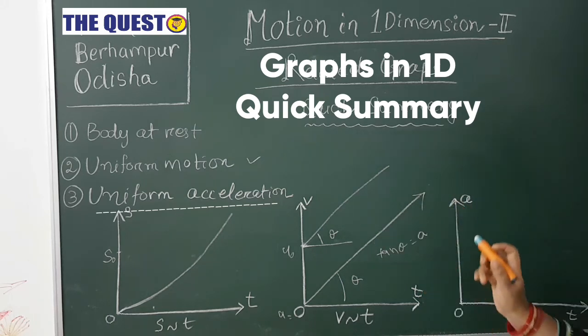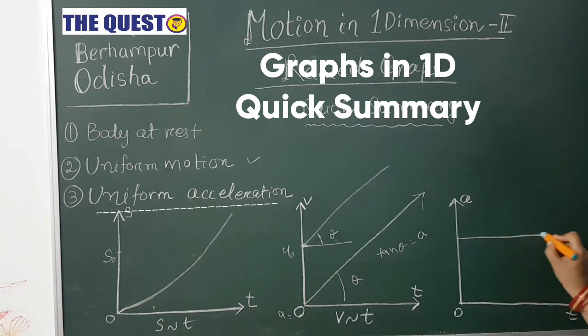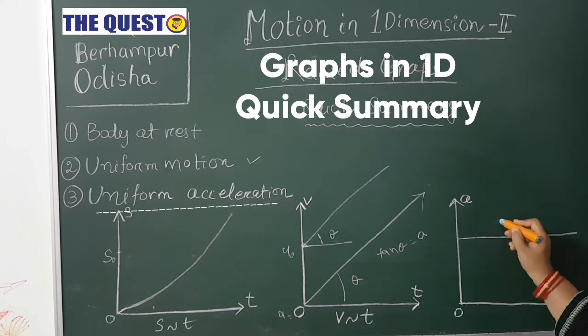Now for a uniformly accelerated body, the acceleration time graph will be a straight line again, parallel to the time axis because A is constant here.